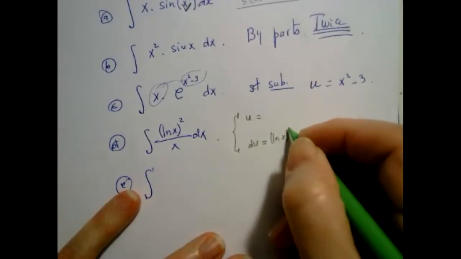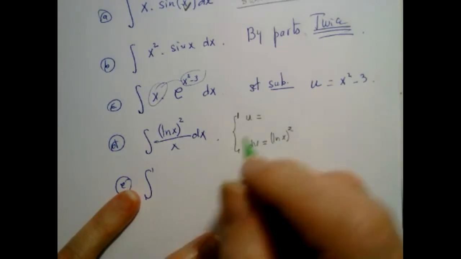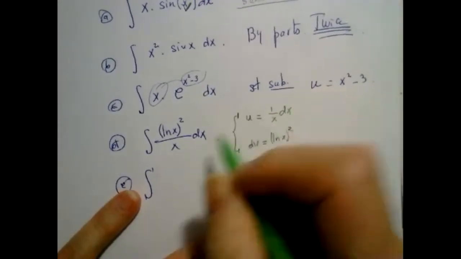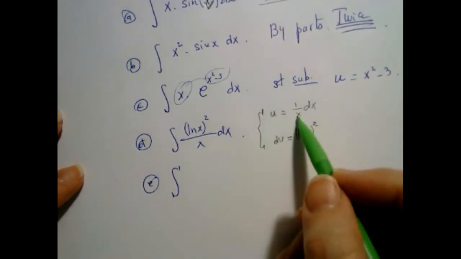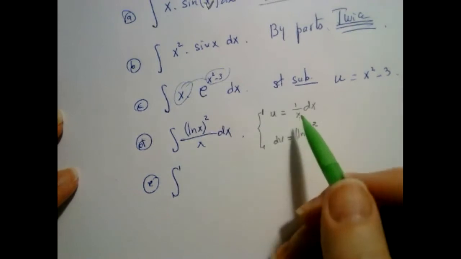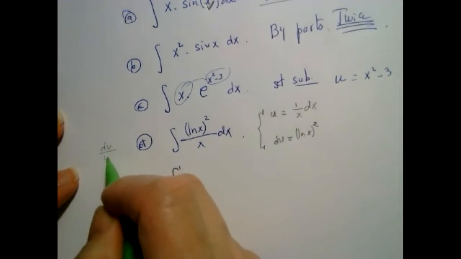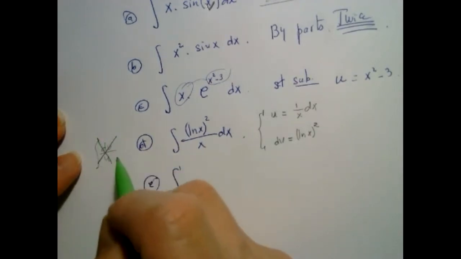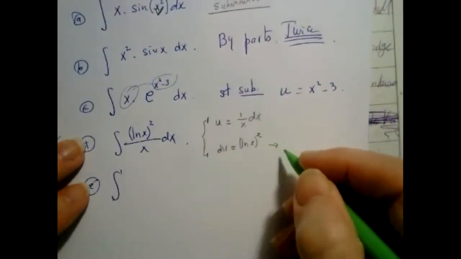And what's the u? 1 over x. Why? When you look at the leftover, if I put u to be x, it will not have the form u dv. You want u dv, and you're going to have dv over u if you do that. I have no formula under the sun for that. It has to have the form u dv, this product.